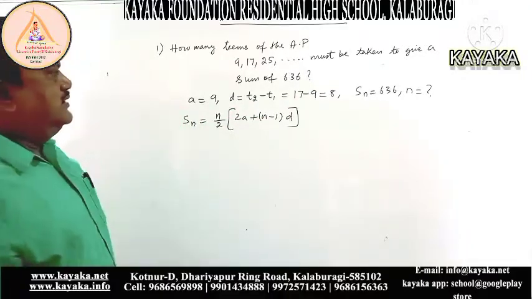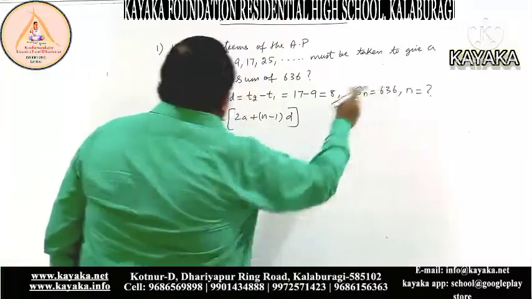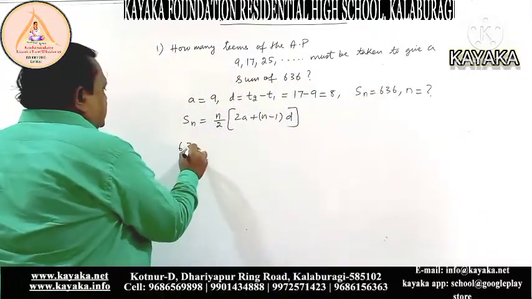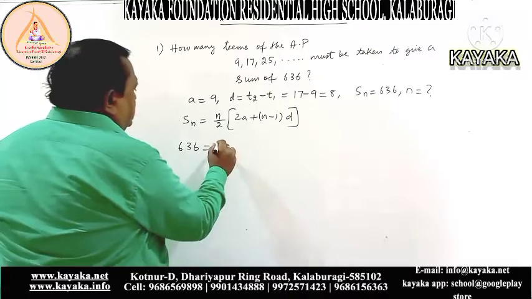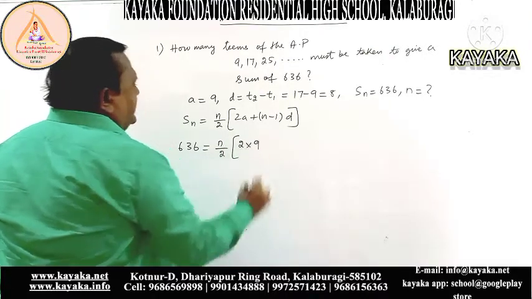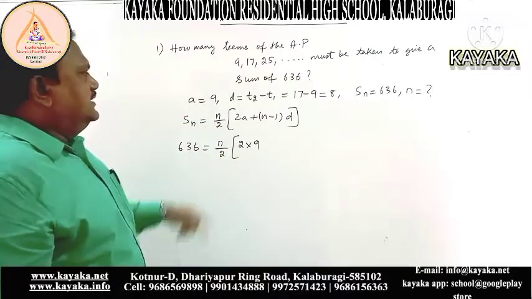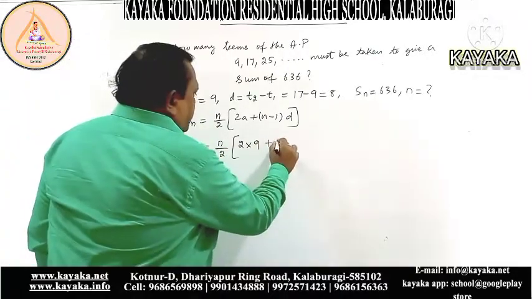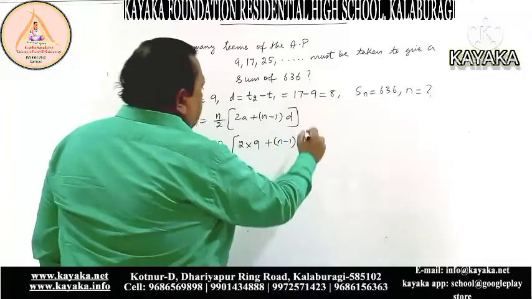So 636 is equal to n by 2 into 2 into 9, since a is 9, plus n minus 1 into 8, since d is 8.